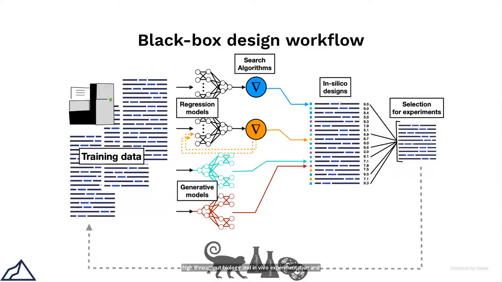Here's a schematic describing, on a high level, what a black box design workflow might look like. The high level objective is to design novel sequences that have improved properties relative to what you might have observed previously. The ground truth function is a complex biological process. In our case, that is the delivery of genetic material to target tissues in vivo.